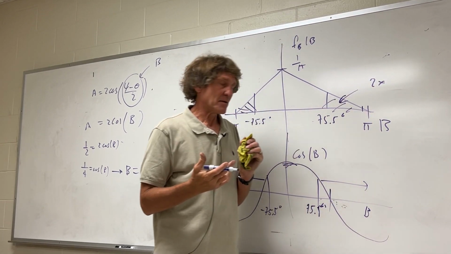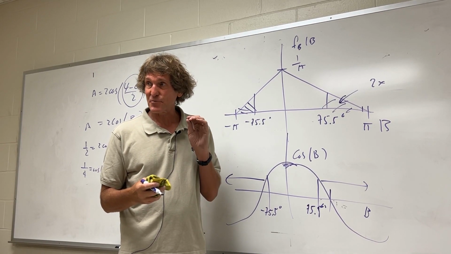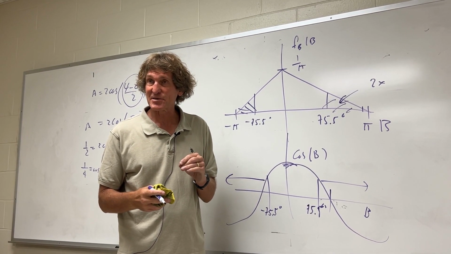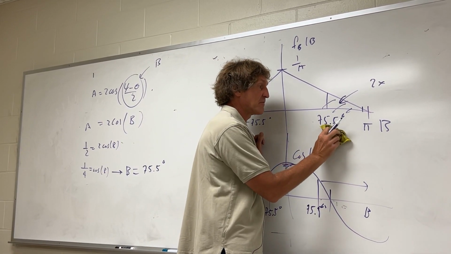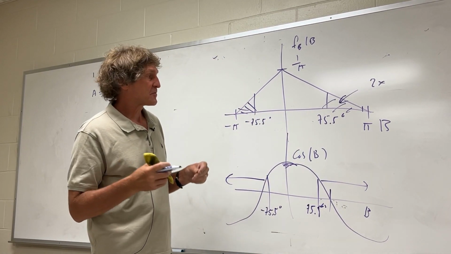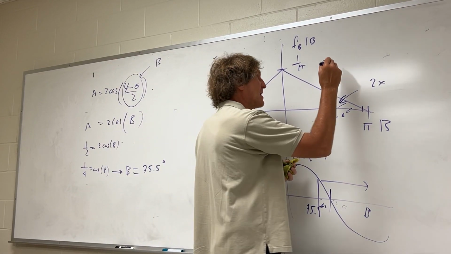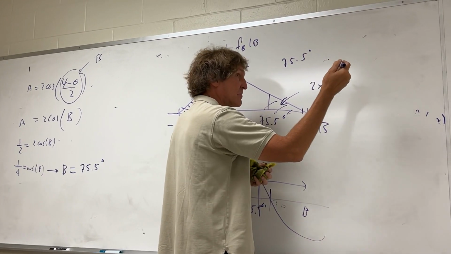What is that area going to be? Now, think about this. This is a right triangle, right? Constant slope. You could take this and turn it in terms of pi, right? So how would you do that? I mean, in terms of radians. So you could say 75.5 degrees, right?